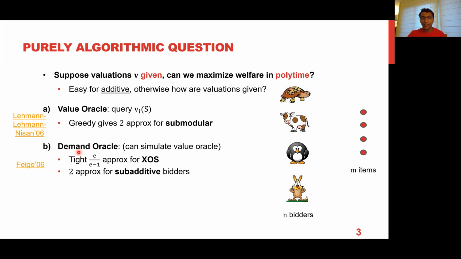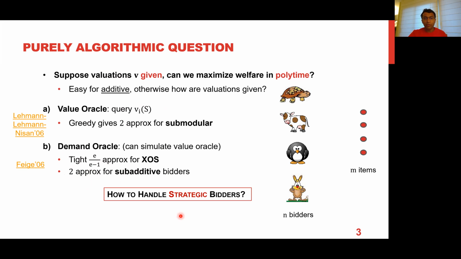I'll define it a bit later in the talk. But using this stronger oracle, you can actually get a constant approximation even for subadditive or XOS bidders. So the main takeaway is that for the purely algorithmic problem, if you know the valuation functions up front, then we know constant approximation algorithms, and pretty much we even know the tight approximation factors.